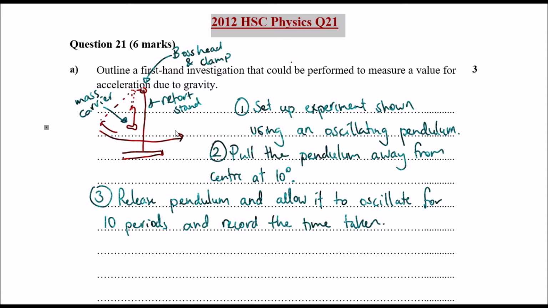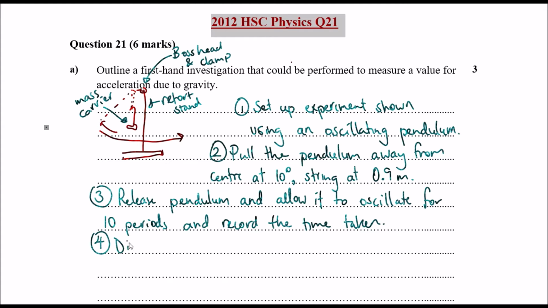After that, we change the length, keep the same angle. Okay, so release the pendulum and so on. We might even actually talk about the length of string. String at 0.9 meters. Okay, so there's that. Record the time taken.